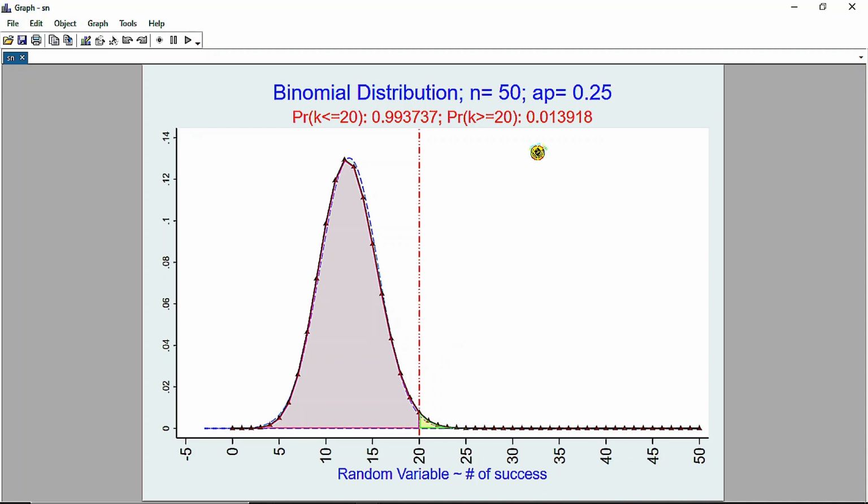It's less than 5%. In this case, we reject the null and we favor the alternative, and k is in fact greater than 20. But for anything less than it, we say that the entire region is on behalf of the null hypothesis. It favors the null hypothesis 99% of the time.